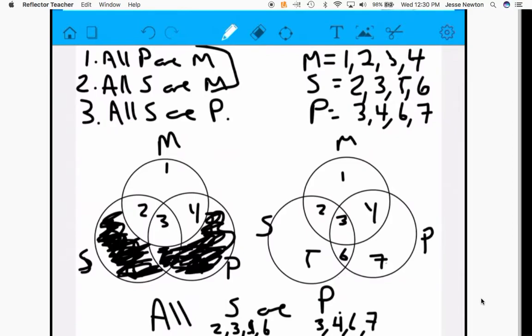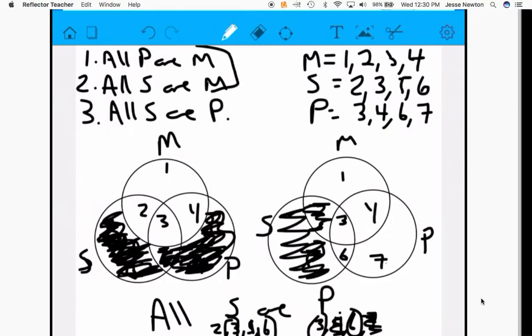And what we do is we circle the regions of overlap, which are what? 3, 3, 6, 6. We scribble these out. They're not needed. So we're saying over here that all the S are in 3 and 6. So all the S are in 3 and 6, which means they're not where? They're not in 2 and they're not in 5.